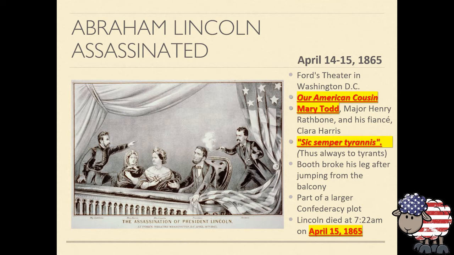He jumps off the balcony, breaks his leg, as he was a former actor himself, but it's part of a larger conspiracy. William Seward, the Secretary of State, also has an attack on his life, and on April 15th, 1865, Abraham Lincoln dies. He is assassinated.